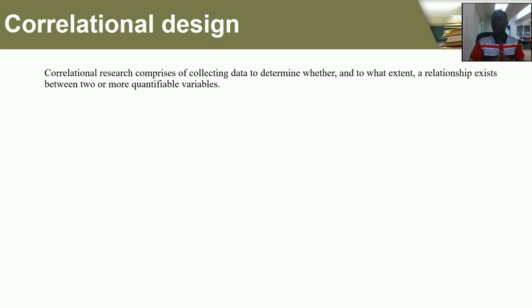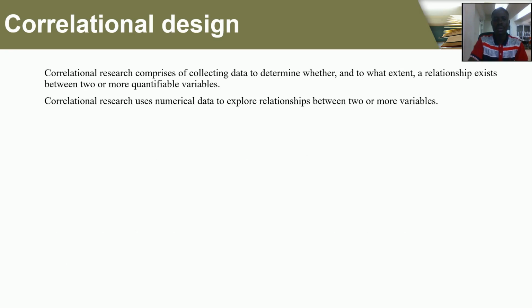Correlational research comprises collecting data to determine whether and to what extent a relationship exists between two or more variables. Correlational research uses numerical data to explore relationships between two or more variables.